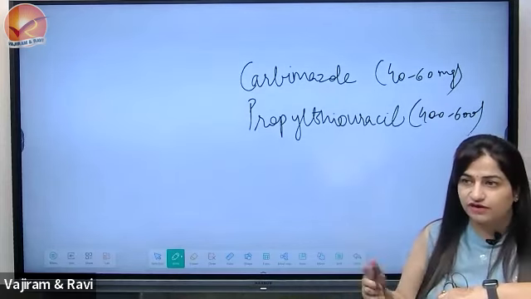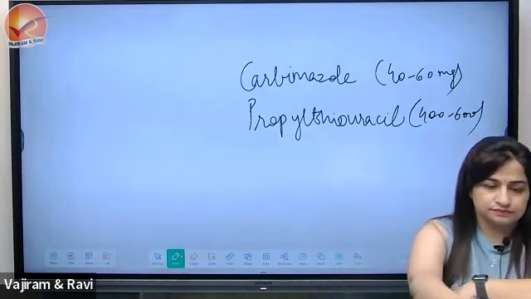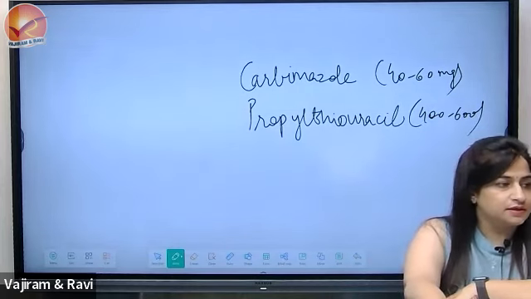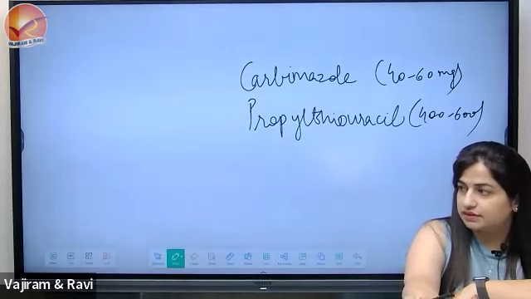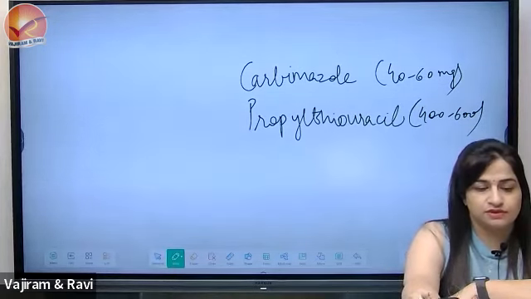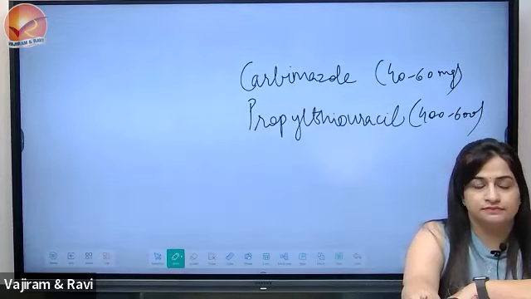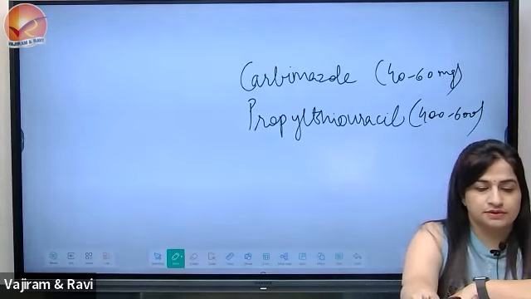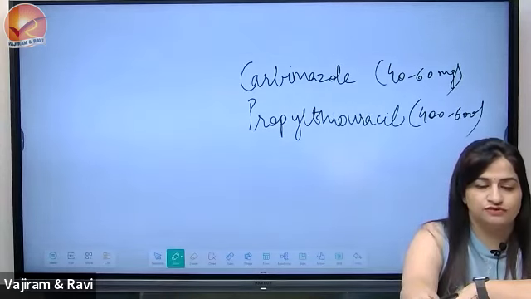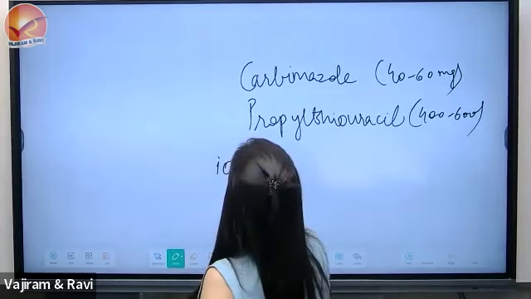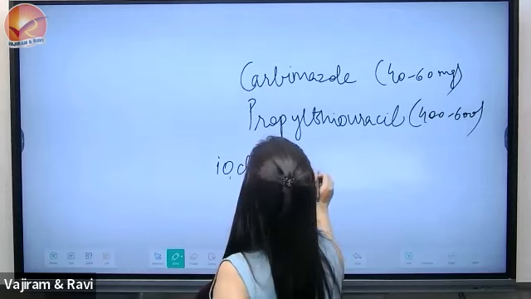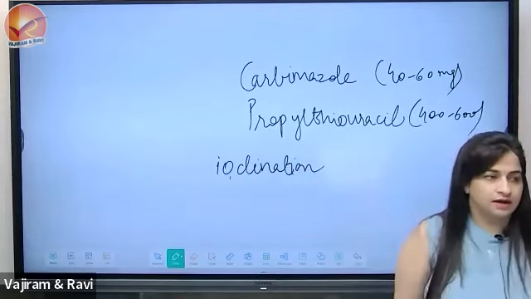Next item, the mechanism of action of these drugs. These drugs reduce the synthesis of new thyroid hormones by inhibiting iodination of tyrosine.